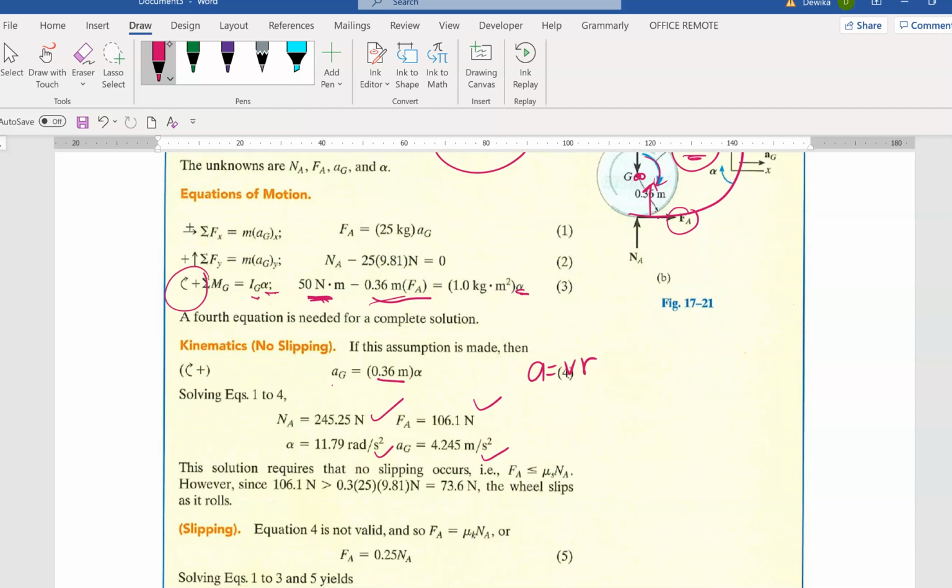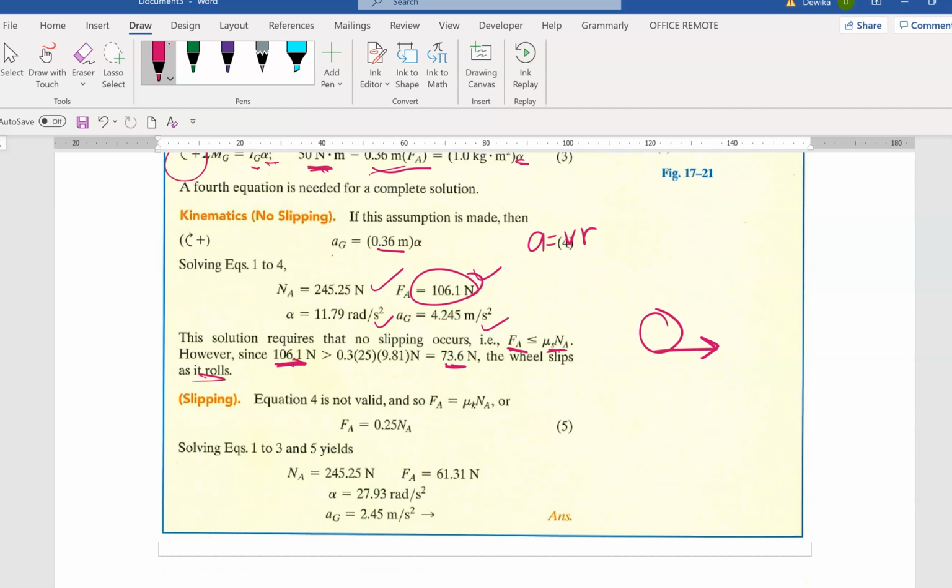The solution requires no slipping, so FA must be less than mu N A. Since 106 is greater than 73.6, the wheel slips as it rolls. So there is a movement, but it will be slipping as it rolls. What is slipping? Slipping means it moves like a drag, like that.